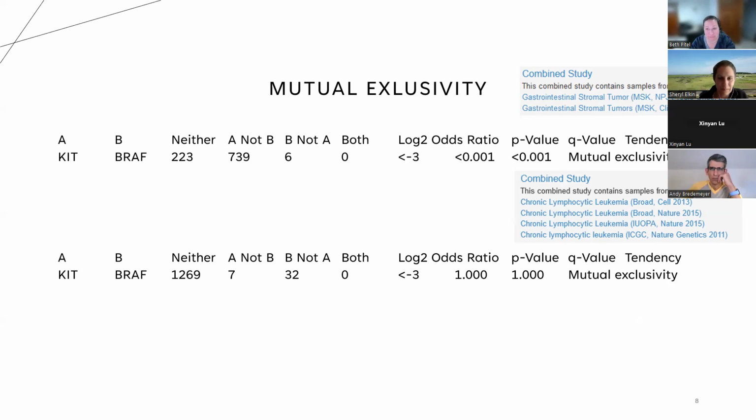And I have a question. Since CLL patients usually have lymphocytosis and it's easy to get peripheral blood to test the CLL genome, did you do NGS on the peripheral blood, for example, to see the allele frequency for BRAF or KIT?